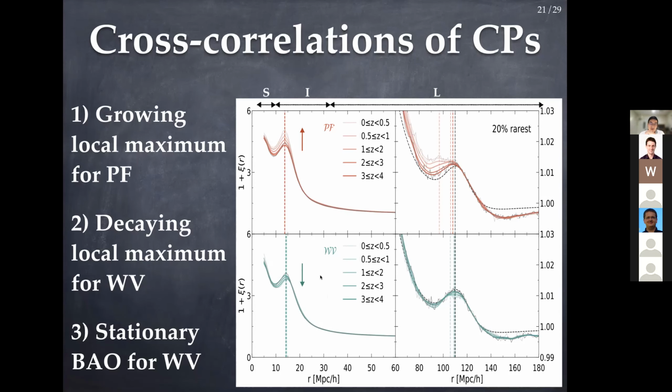Whereas the local maximum in the wall-void case is decaying, meaning that the clustering is becoming weaker, meaning they are more uniformly distributed at all scales by pushing each other as time goes on. And for the BAO scale, you again see a stable BAO position only for the case of underdense pairs.